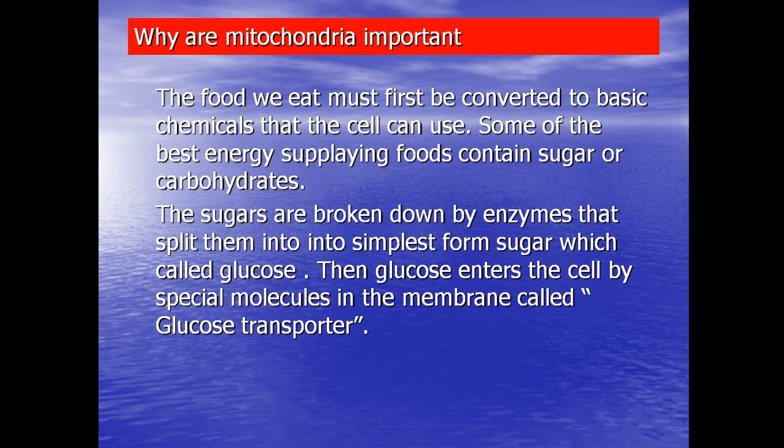Now, the sugar is to be broken down by the enzymes, so that it is split into the simplest form of sugar, what we call monomer or glucose. Then only the glucose enters the cell by a special molecule called the glucose transporter. There's a special molecule in the membrane, known as glucose transporter, which can pump the glucose inside.